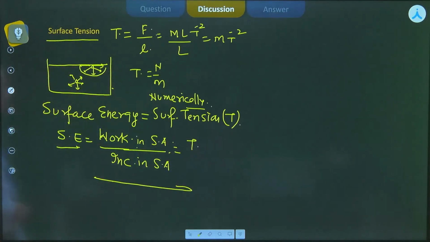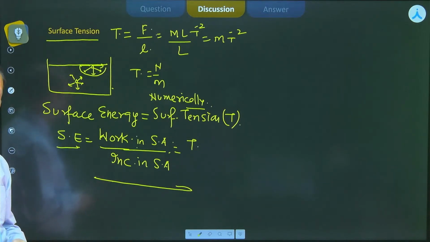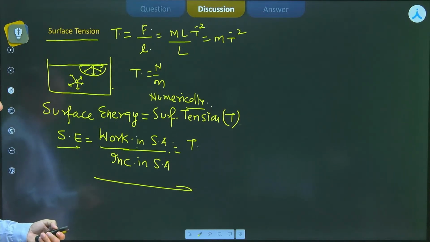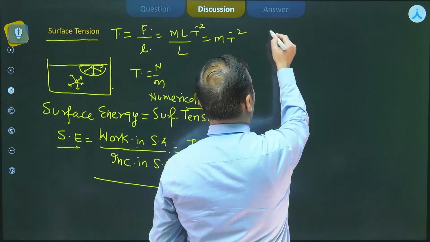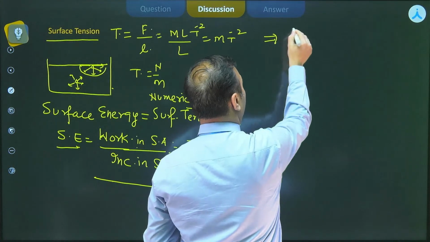That will help me solve numericals based on this formula also. You got it?